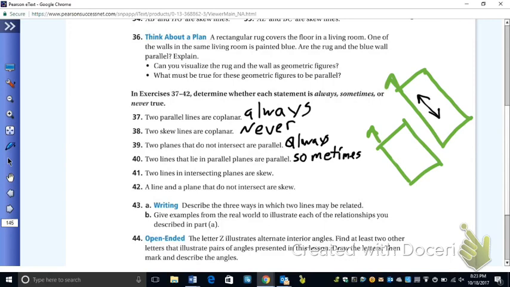However, if they're going the same way, then it would be possible to create a plane right there in which they both exist, and therefore they'd be parallel. So that would be sometimes.